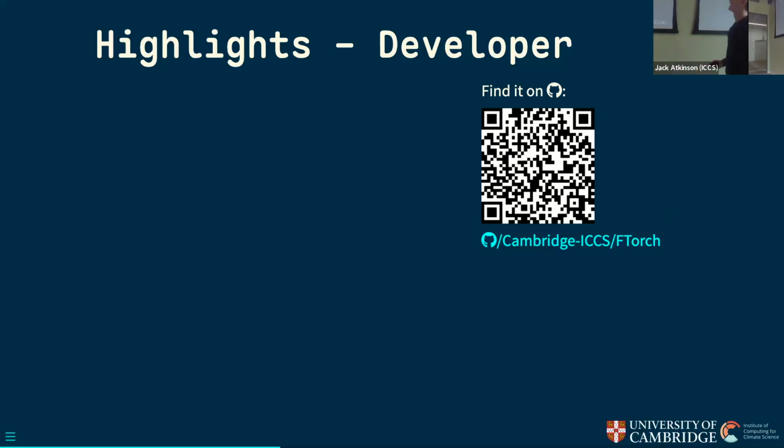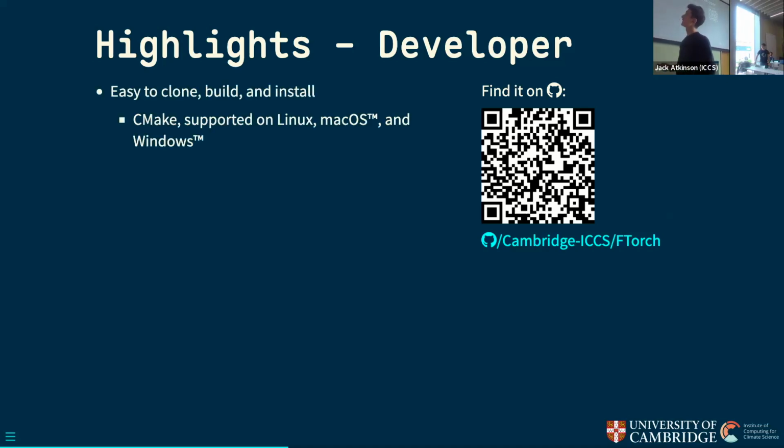Good. So yeah, I get to come in and talk about highlights, which is nice. So this is going to be some of the highlights of FTorch from the developer point of view. It's easy to clone, build, and install, and supports a couple of different building approaches.